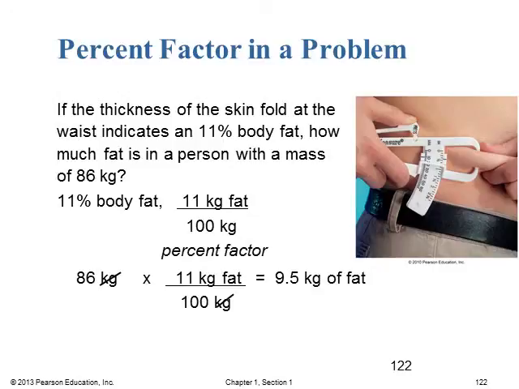And so we want the total masses to cancel out. So if a person has a total mass of 86 kilograms, we know that in 100 kilograms, it's 11%, or 11 kilograms of fat. So we want our total kilograms to cancel out and the kilograms of fat to remain. So we put the 86 times 11 over 100, and we get 9.5 kilograms.